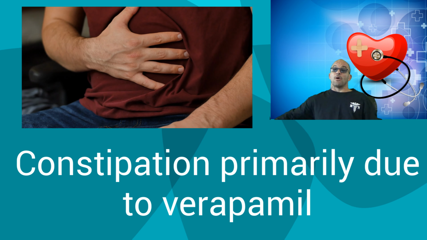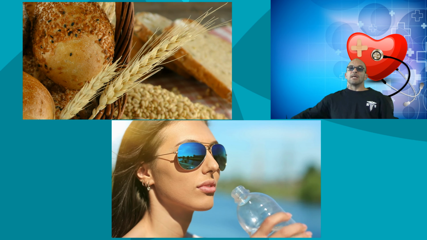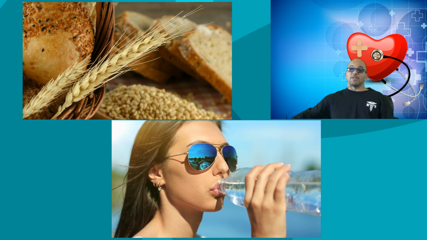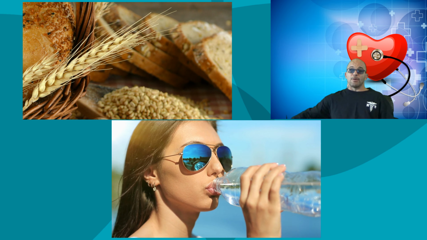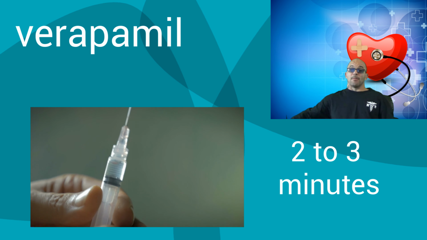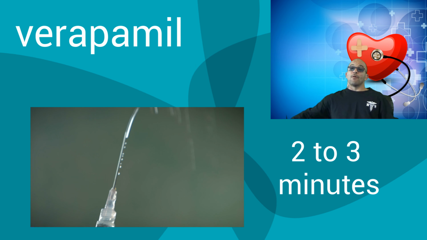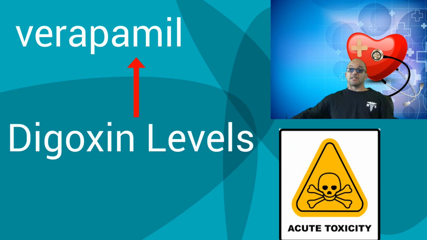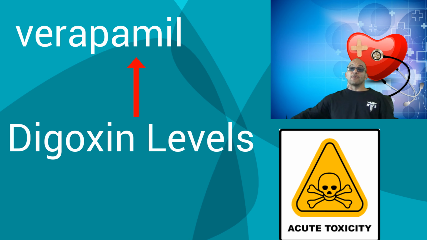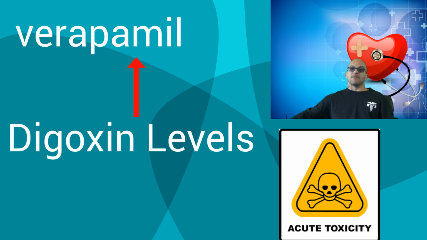Constipation can be caused, primarily specific to verapamil. Instruct the patient to increase fiber intake and oral fluids. When giving verapamil IV, we need to inject slowly over a period of 2 to 3 minutes. Verapamil can increase digoxin levels, increasing the risk of toxicity.